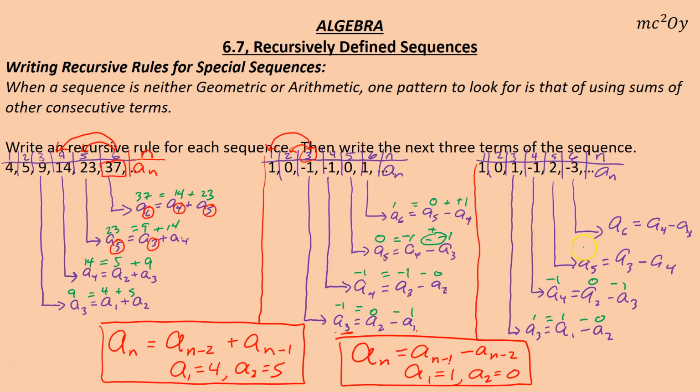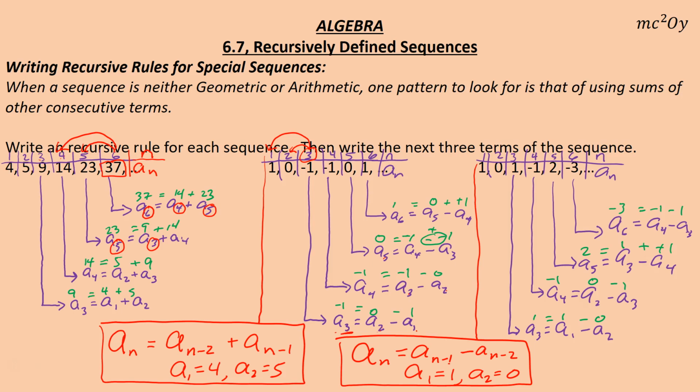The fifth is 2, and that's equal to the third, which is 1, minus the fourth, which is negative 1. 1 minus negative 1, that's a plus, yep. And then the sixth, which is negative 3, is equal to the fourth, which is negative 1, minus the third, which is 1. Negative 1 minus 1. Oops, that didn't work out.